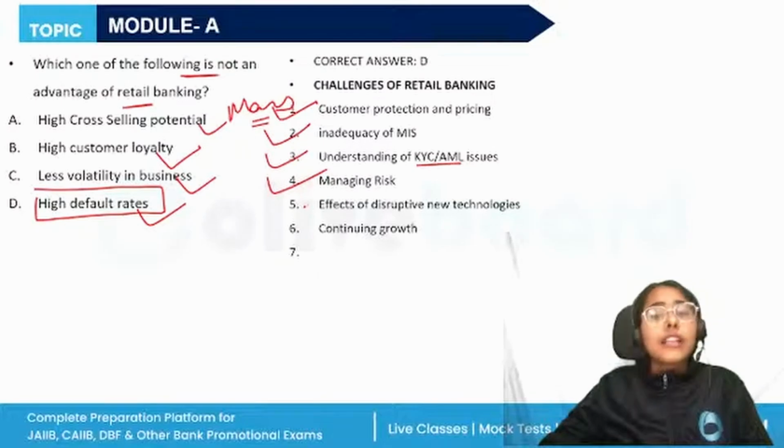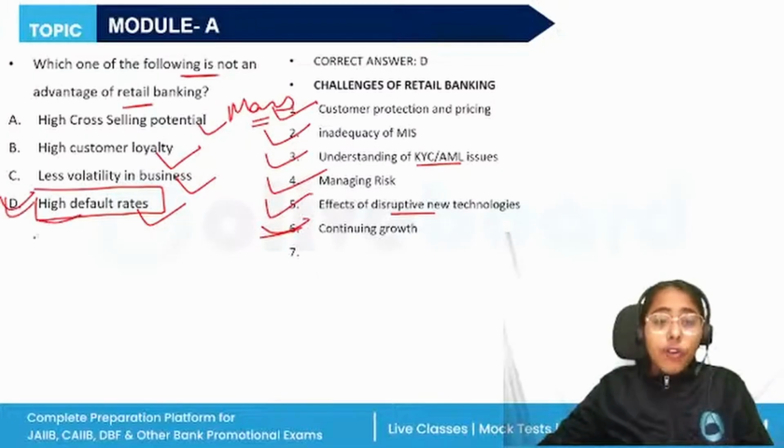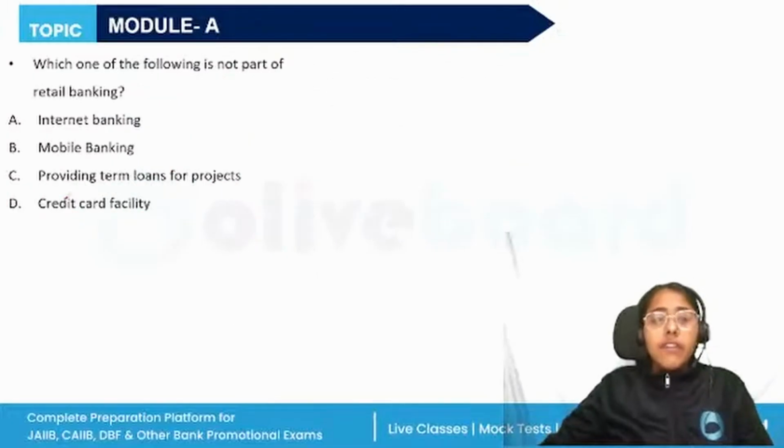We need to manage all of them. Then effects of disruptive new technology. With more and more technology entering the market, old technology is becoming outdated, so banks need to adopt new technology and continue growth. So out of these, option D, which says high default rates, is not an advantage.